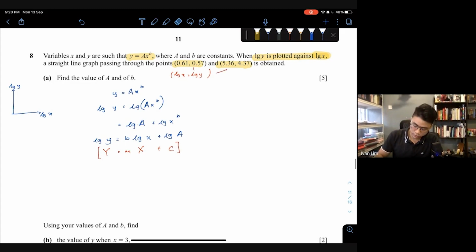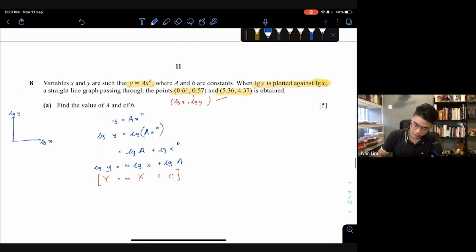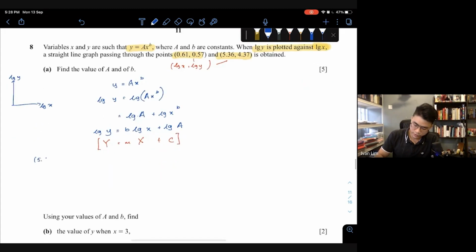If I substitute in 5.36 and 4.37, it will be 4.37 equals 5.36b plus log a. This one will be 0.57 equals 0.61b plus log a.